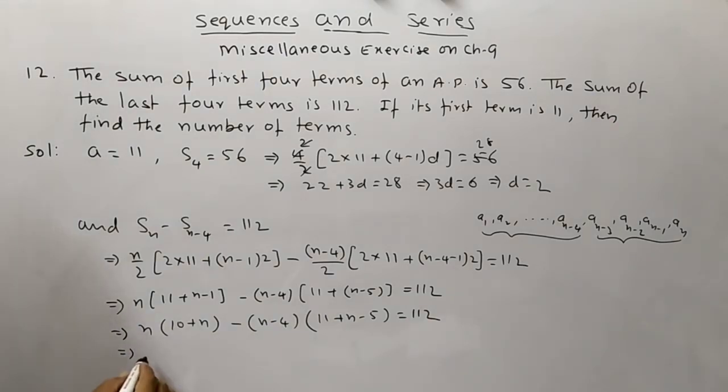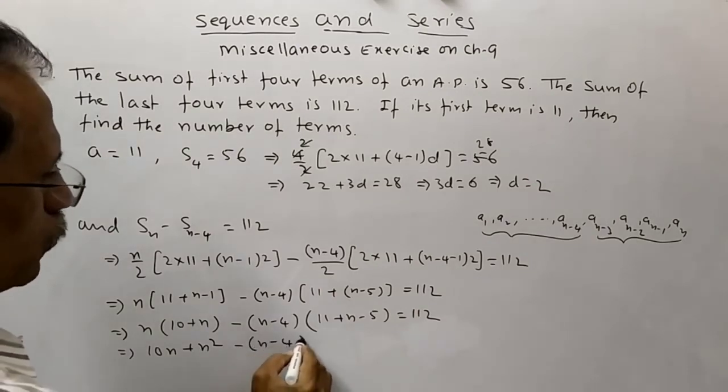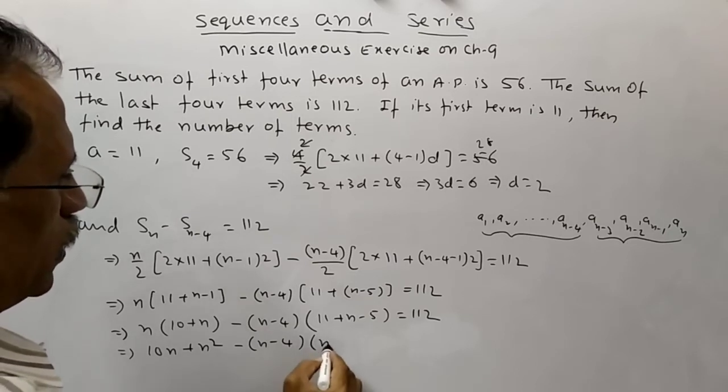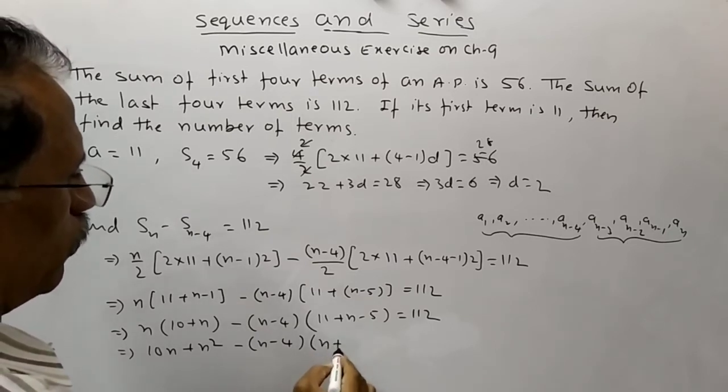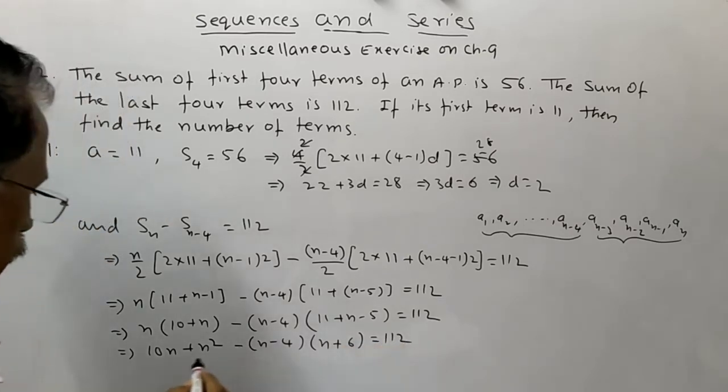Implies 10n plus n square minus n minus 4 into n plus 6 is equal to 112.